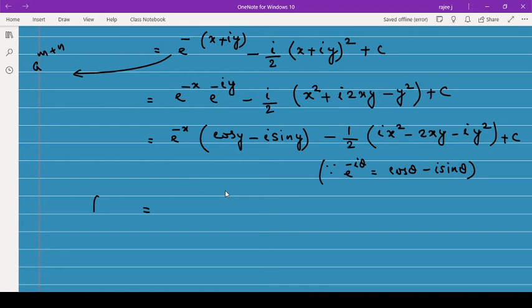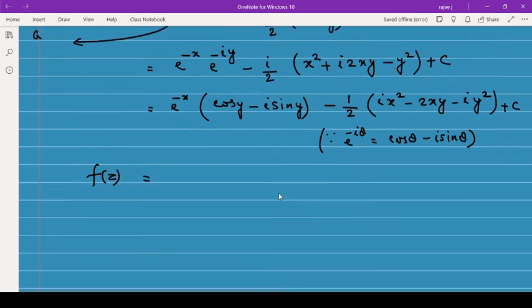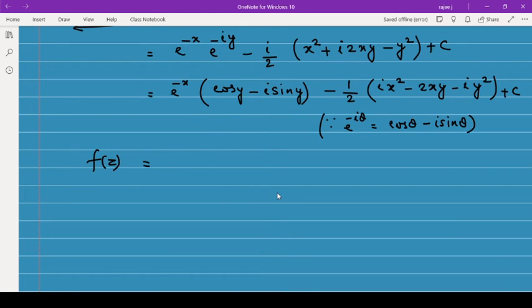Now collect all the terms with i and without i. So it is e raised to minus x cos y, then e raised to minus x into this one, so minus i into e raised to minus x sin y, then minus 1 by 2 into i x square, minus plus 2xy plus i y square, plus c. Now collect all the real terms.